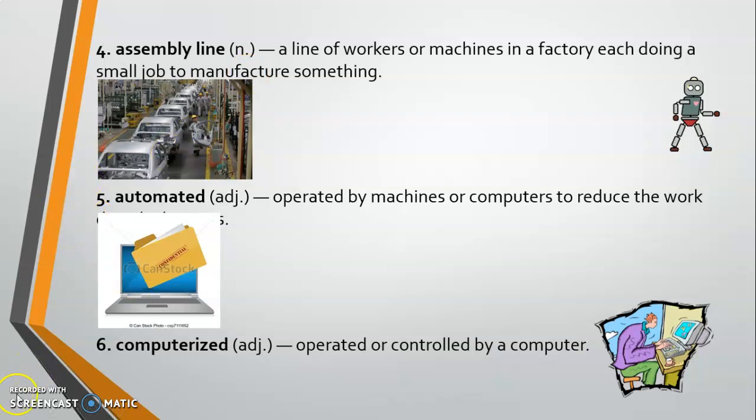Now, a sentence for the word can be: part after part is added on the assembly line until the whole product is assembled. Parte por parte es agregada en la línea de ensamblaje hasta que el producto completo es terminado. Next word.